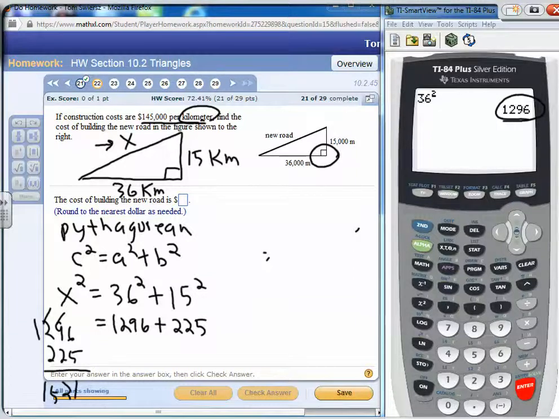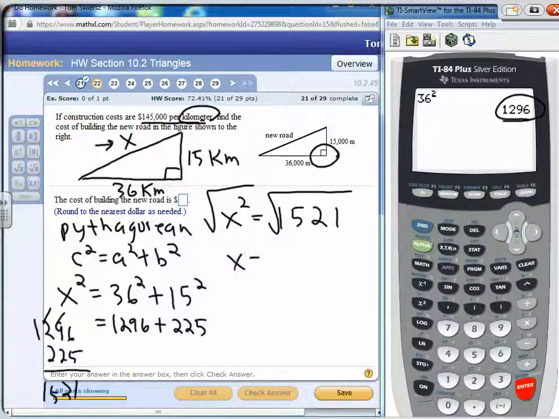So now we have x squared on the left side equals 1,521. Then we take the square root, so the square root of x squared is x, equal to the square root of 1,521, and that will give us the length of the road in kilometers.